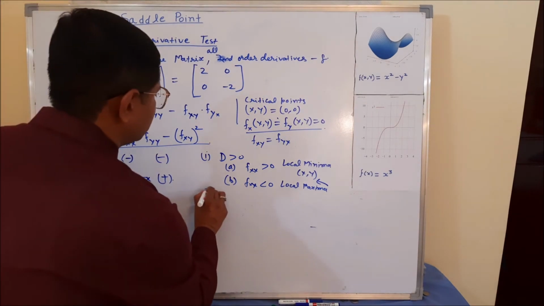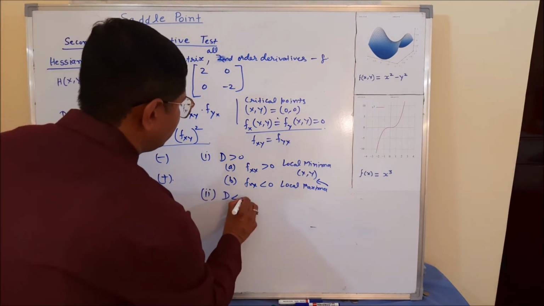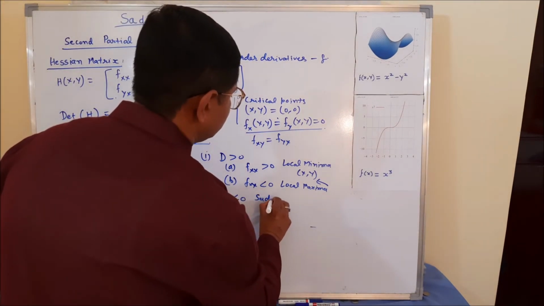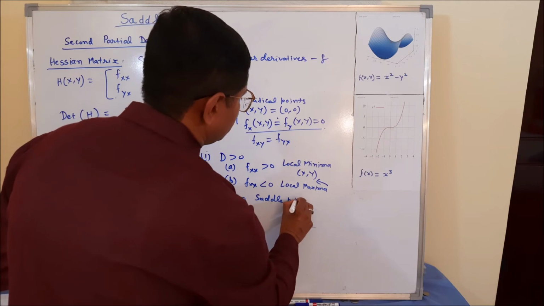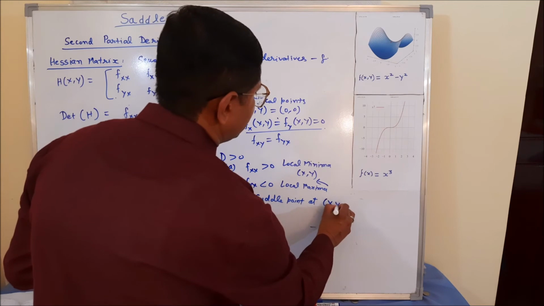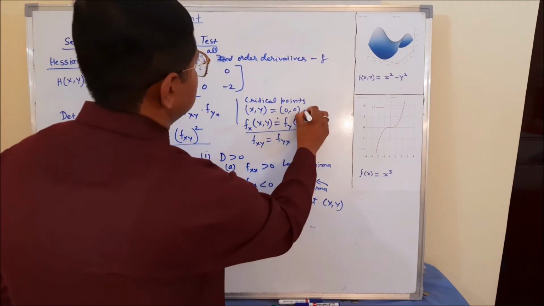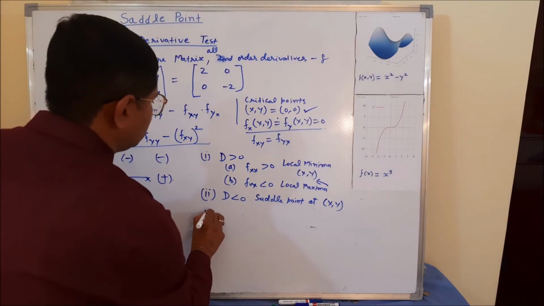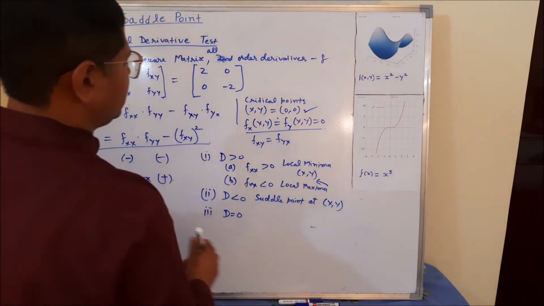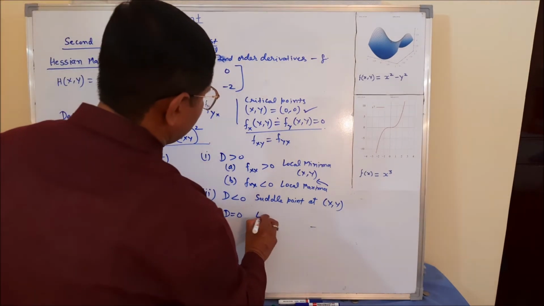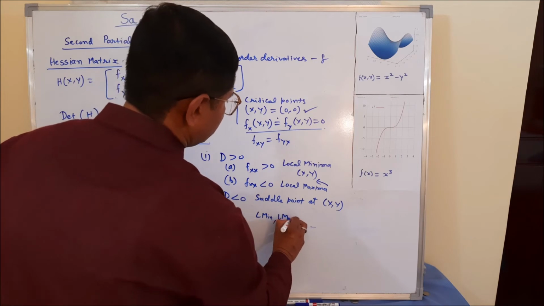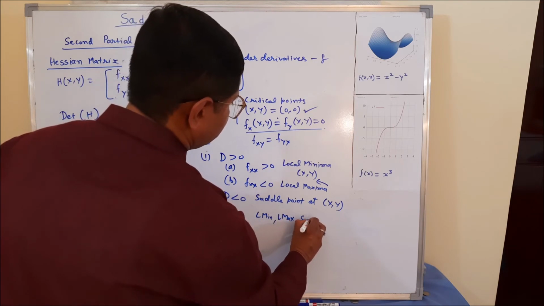The second option is, if our determinant value is less than 0, then there will be a saddle point at our critical point (x,y), which we took as (0,0). But the third condition is, if D is equal to 0, then it is an undecided kind of situation. It may contain a local minima, local maxima, or saddle point.